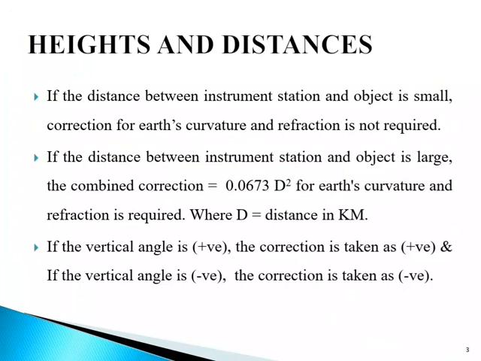Whereas if the distance is large, the combined correction for earth curvature and refraction, equal to 0.0673 D square, is required, where capital D is the distance in kilometers. If the vertical angle is positive, the correction is taken as positive, and if the vertical angle is negative, the correction is taken as negative.